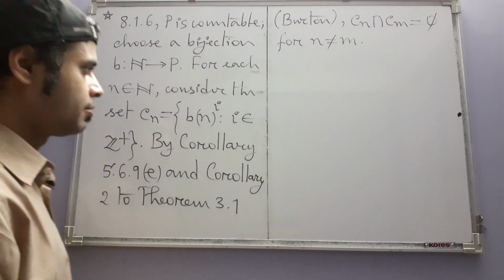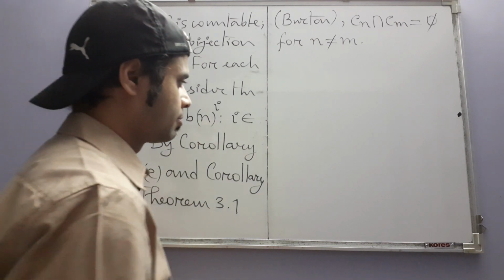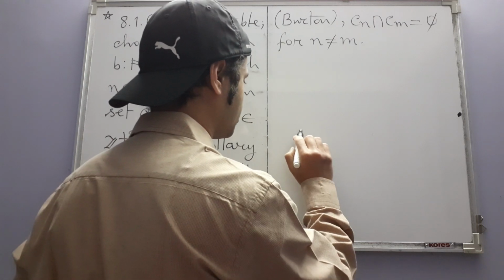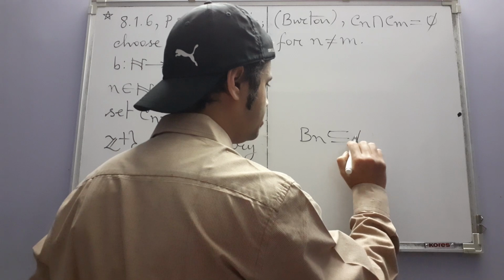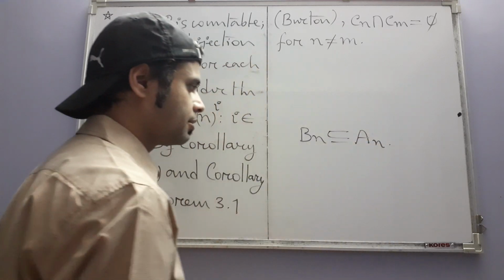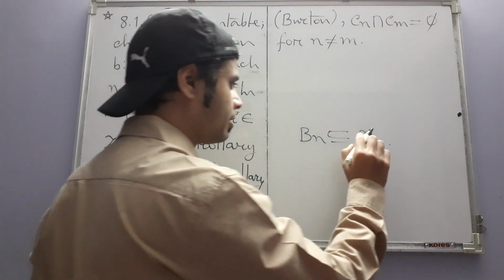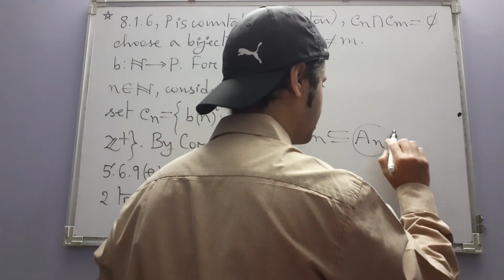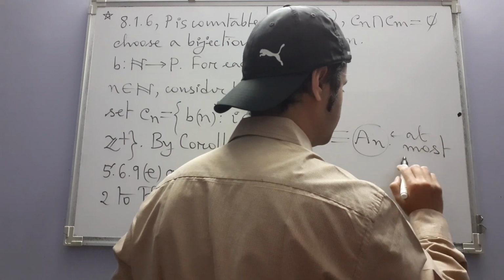Okay, but let us now go back to the Bn's. We have already noted that each Bn is a subset of An, and the original An's are all given to be at most countable.